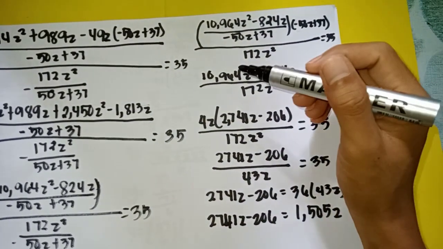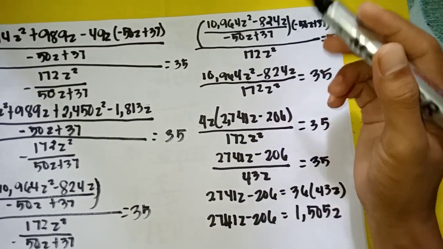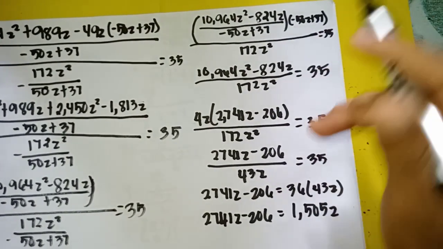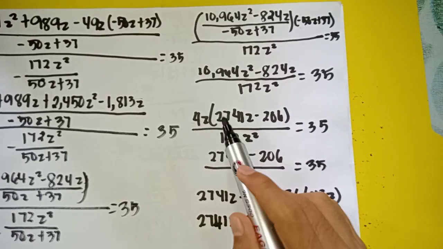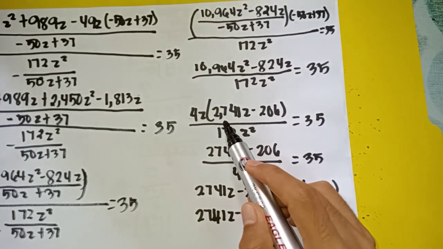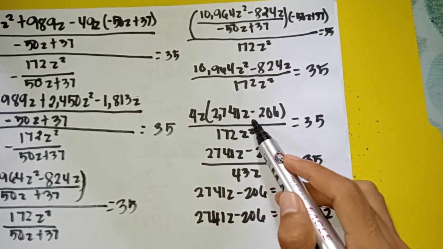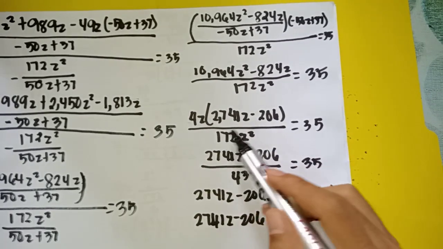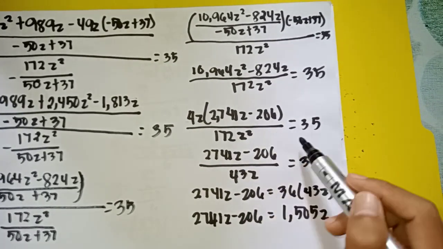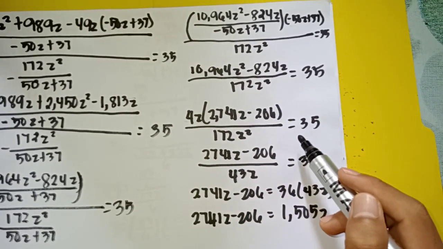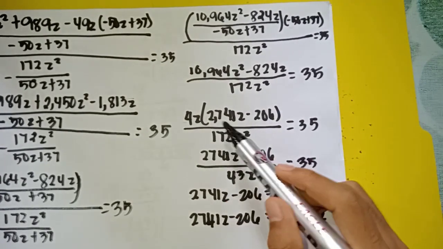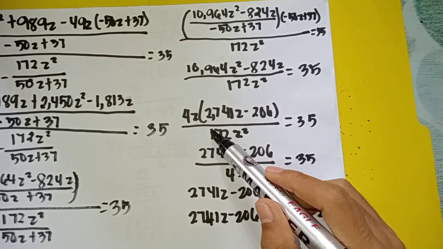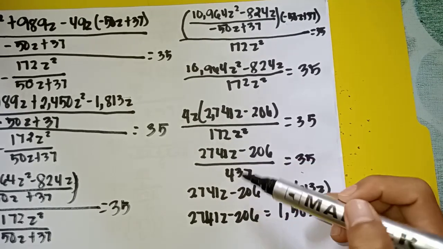Then next, we will factor out 4z. So, what will be left? It will be 4z times 2,741z minus 206 over 172z equals 35. Then next, 172 divided by 4 is 43.